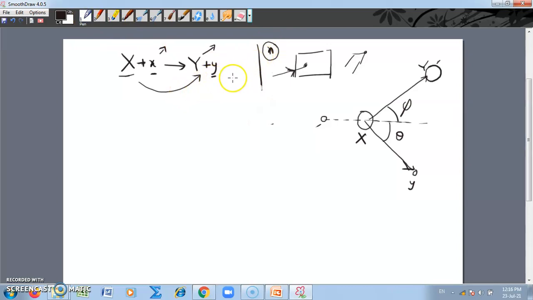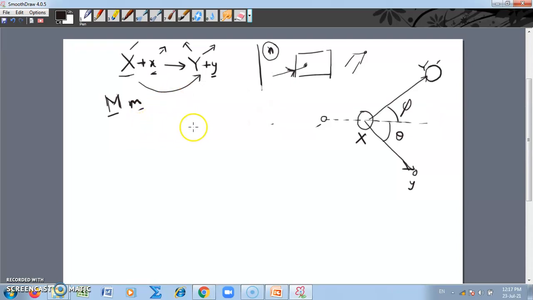So this we know, and we will write capital M and small m. For the nucleus we'll write capital M, and for the particles we'll write small m.